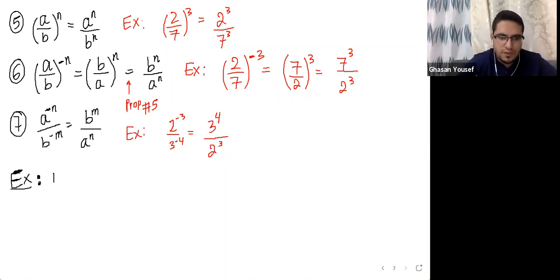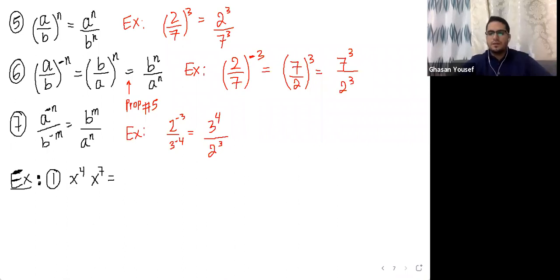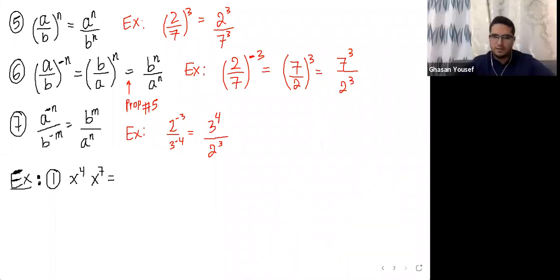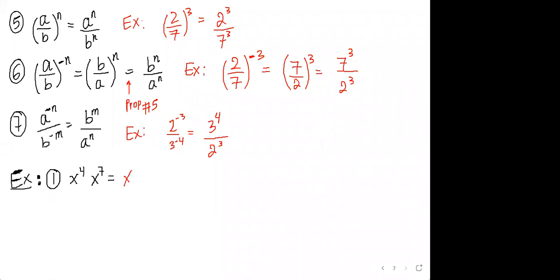So here we have examples. The first one is x to the power 4 times x to the power 7. What is that equal? Who will do the first one? It's going to be x to the power 4 plus 7. 4 plus 7 is 11.